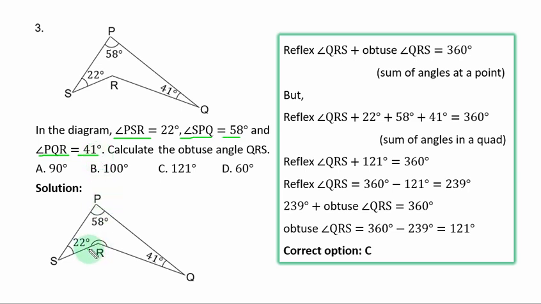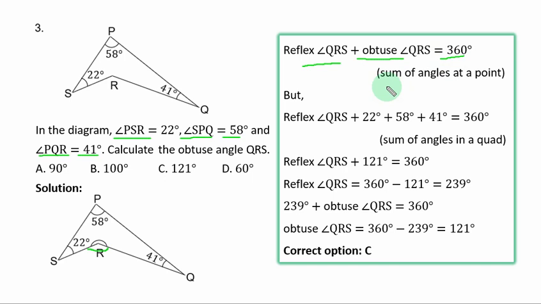This is the obtuse angle. The other one is the reflex angle. But to get the obtuse angle, the reflex angle is needed. So we have the reflex angle QRS plus the obtuse angle QRS is equal to 360 degrees, sum of angles at a point.